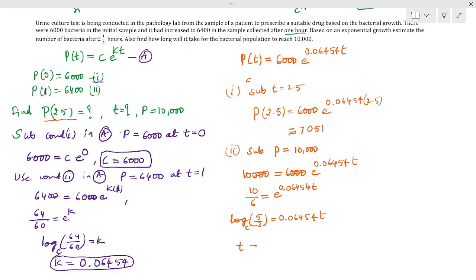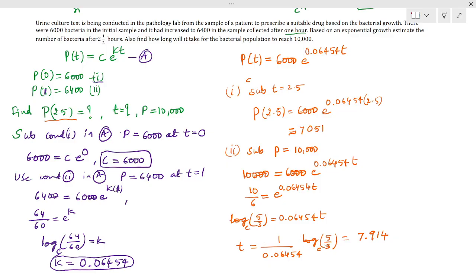Therefore, what is the value of t? Just cross multiply: t is 1 by 0.06454 into log of 5 by 3 to the base e. That is log of 5 by 3 divided by 0.06454, and the total value is approximately 7.914.